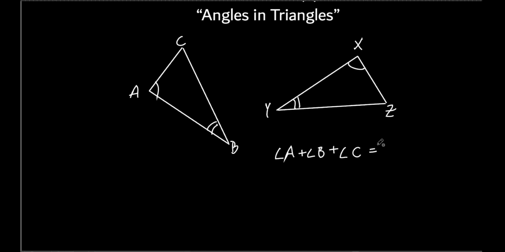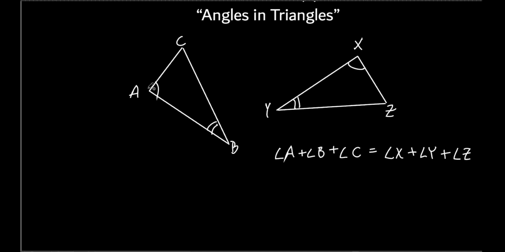Any angles of any triangle are going to add up to be the same as any angles in another triangle. It doesn't matter if the triangles are exactly the same or not. Agreed? All right. So what could I say then? Angle X plus angle Y plus angle Z. So that would be true about any two triangles. It doesn't matter if they look the same or not, right?